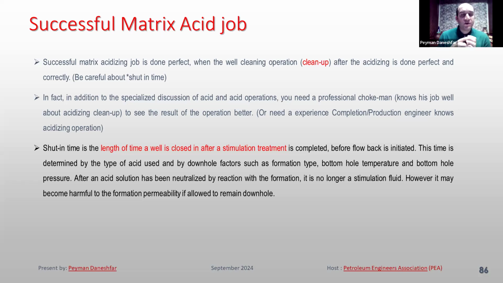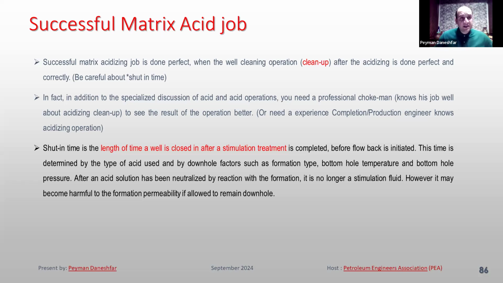Don't open the choke, for example for the gas well, around 72 at first. No, it's not okay, because at first we want to clean up the acid from the well. After the acid comes out, our well will be live and should be cleaned up well.